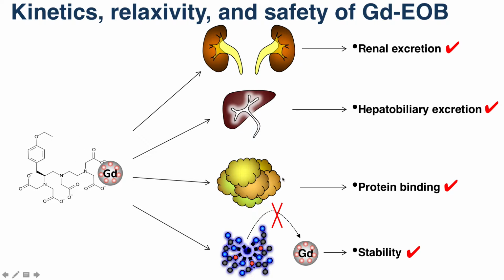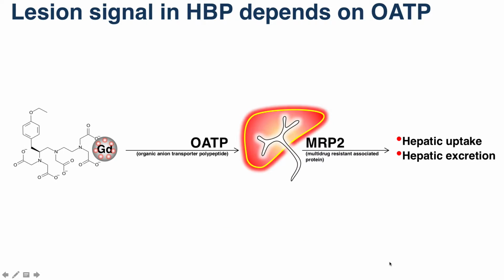It will bind to proteins, and that gives us high relaxivity. And it turns out that this chelate holds onto gadolinium pretty tightly, and so there's not a lot of dissociation. So this is a fairly safe agent to give.